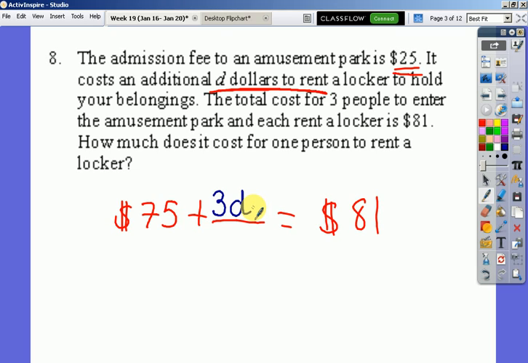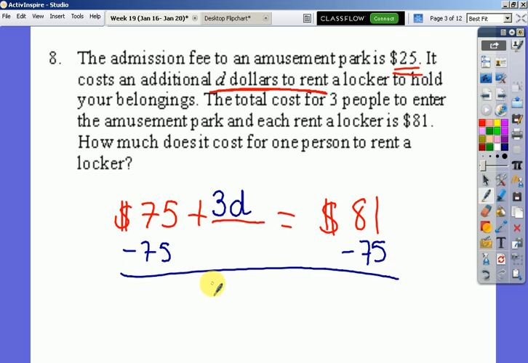Could you come up with that on your own? And if not, what is causing some issues? Anything? Okay, so from here, what do we do? Yeah, we're going to subtract 75 and subtract 75. So we have 3D equals what? 6.